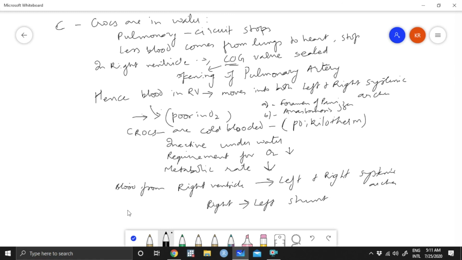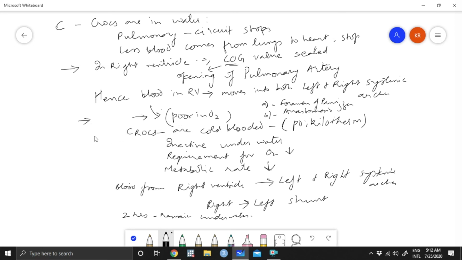Okay. Now remember that crocodiles can remain underwater for about 2 hours or so. So for a long time they can remain underwater, and that is because of this adaptation, that in the right ventricle the cog valve is sealed and therefore no blood goes into the lungs, and this oxygen-poor blood will move throughout the body.